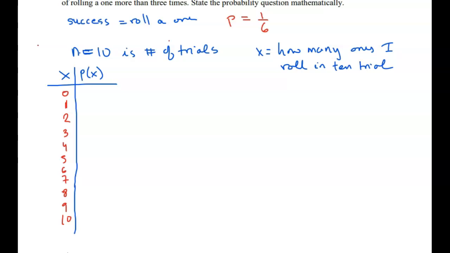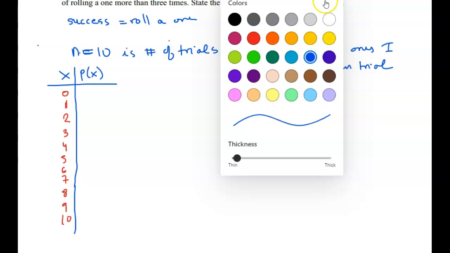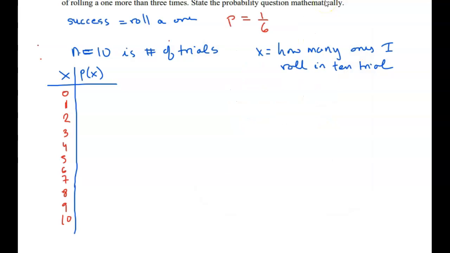Now 0 and 10 could be quite a low probability. So we need to fill in each of these probabilities to figure out the probability for rolling no 1s, one 1, and so on.